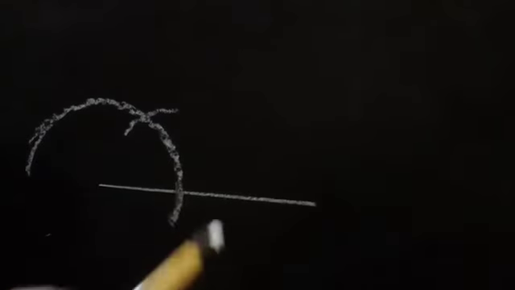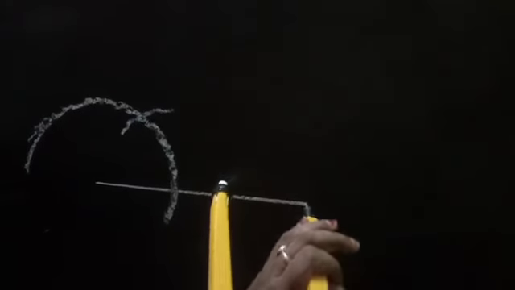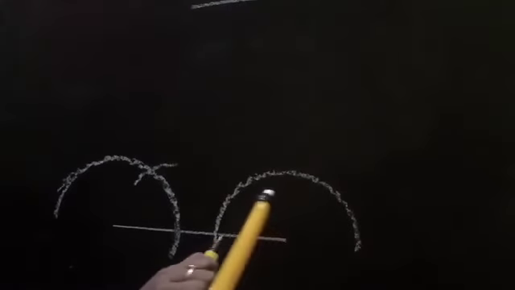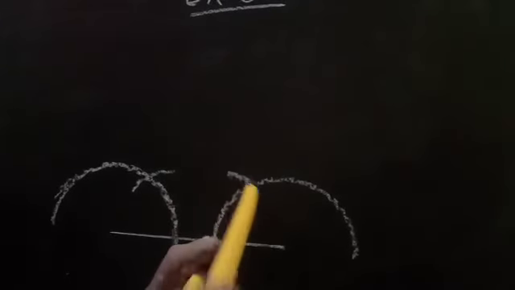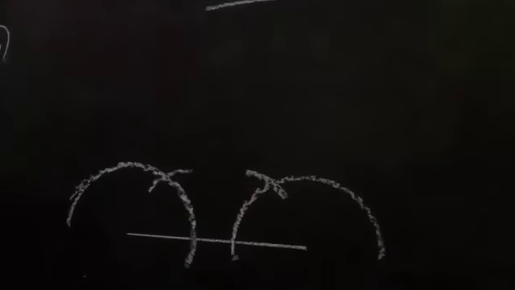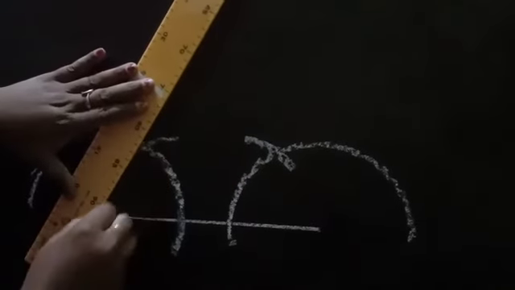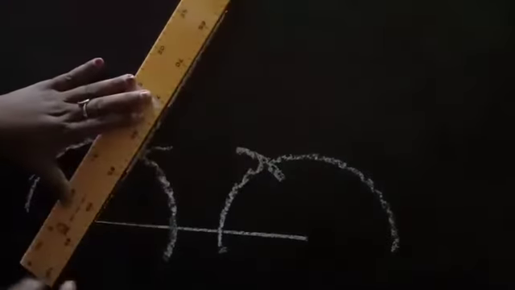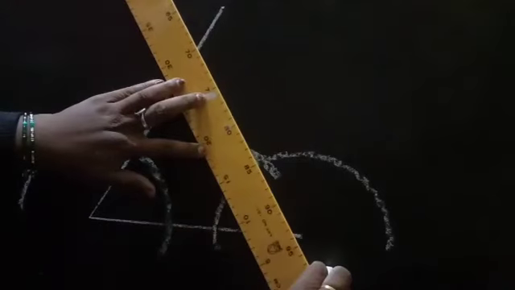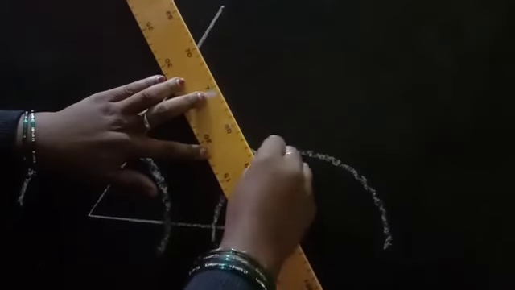From here to here it is 60 degree. Again from this corner I am going to take another 60 degree on this side. Join these two sides. From here to here it is 60 degree. Again from here to here also it is 60 degree.